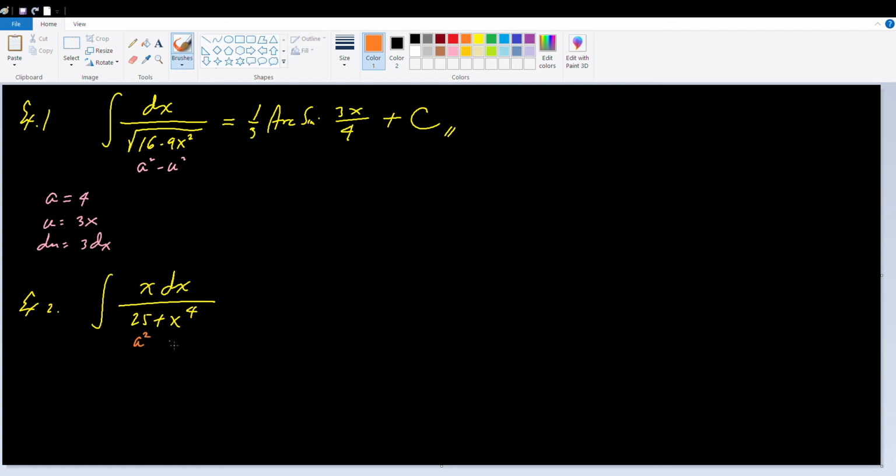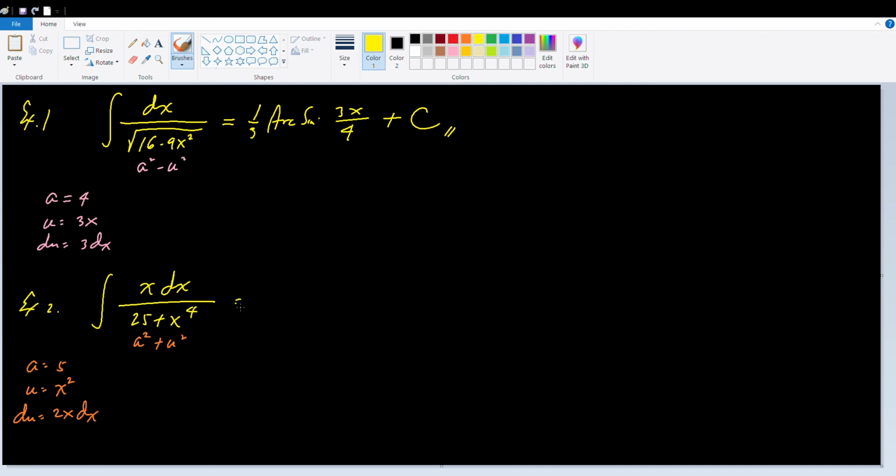The denominator takes the form a squared plus u squared. So our a is 5. Since u squared is x to the 4th, that means that u is x squared. We then check our differential, which is 2x dx.